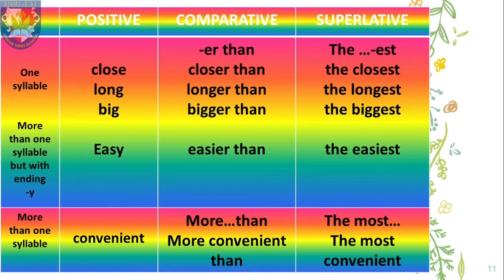The comparative form is more convenient than, while the superlative form is the most convenient. Another example for more than one syllable is beautiful. So the comparative form is more beautiful, while the superlative form is the most beautiful.